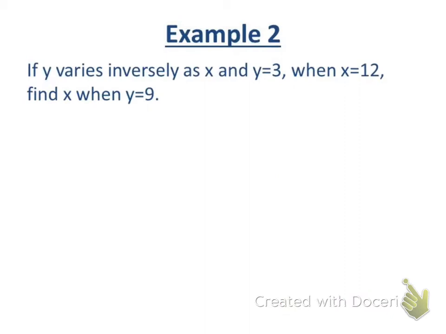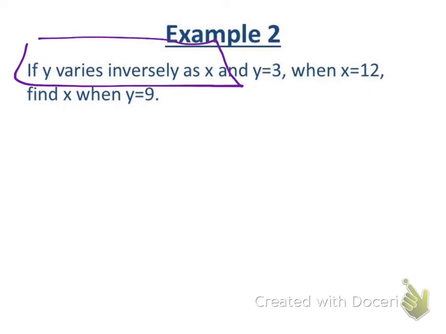Now we're being told, and these problems throw students off. Now I'm warning you about the Unit 7 test. This is a commonly missed problem on the Unit 7 test. If y varies inversely as x, what does that tell us we're dealing with? Inverse variation, right?